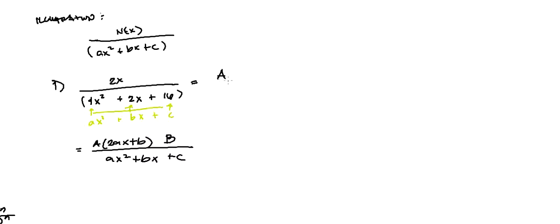We have A, the constant to be determined, multiplied by 2, and our a here is 4, then we have x plus our b, which is 2, plus another constant to be determined all over our quadratic form, which is 4x squared plus 2x plus 16.